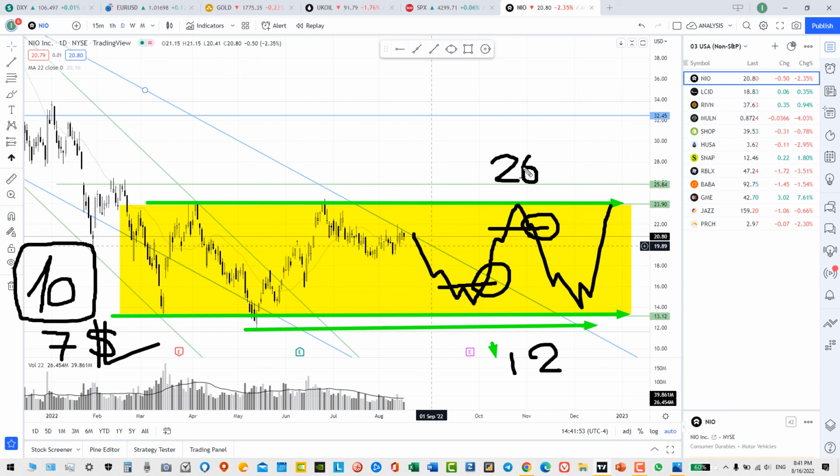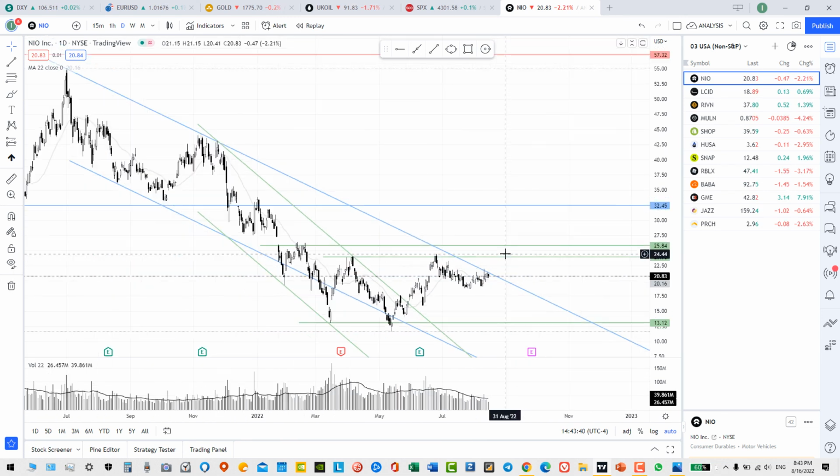And keep in mind that any virtual trading should be made with a maximum of 5% of virtual cash, because the risk is not moderate and it's relatively high until a limit is broken, either the 26 or the 13. That's it for now for NIO.